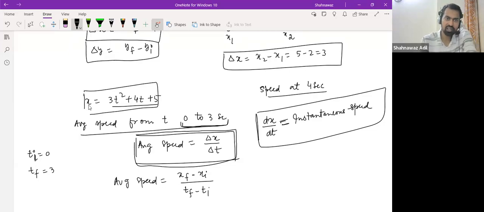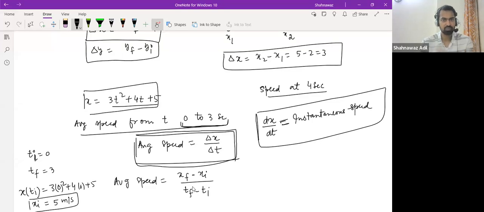And x initial would be x of t initial, so 3 into 0 square plus 4 into 0 plus 5. So x initial would be 5 meters. And you guys calculate what is x final. Calculate and tell me.